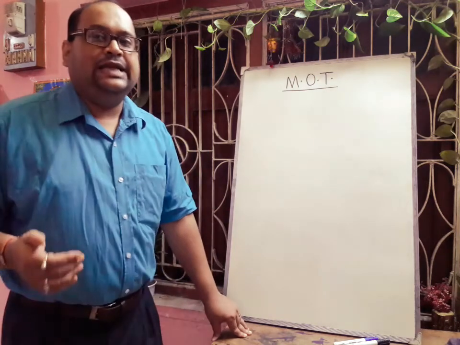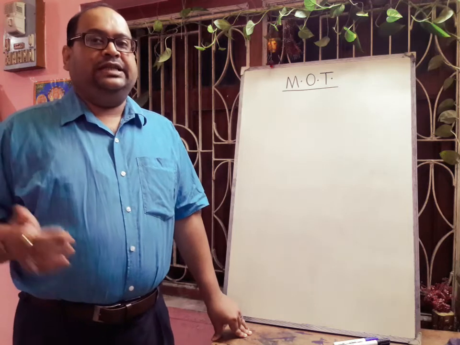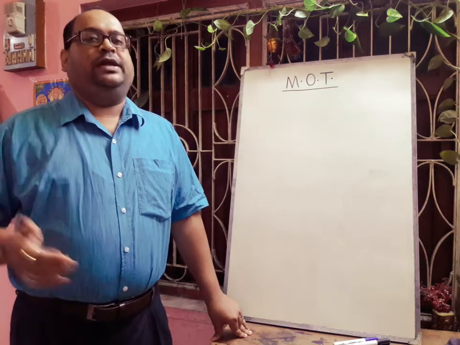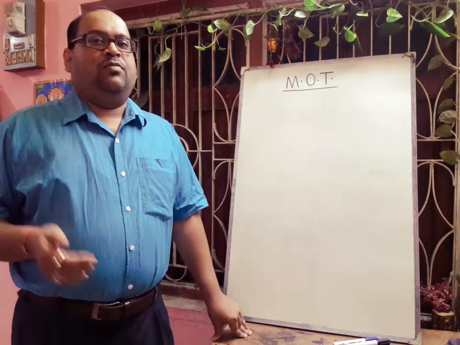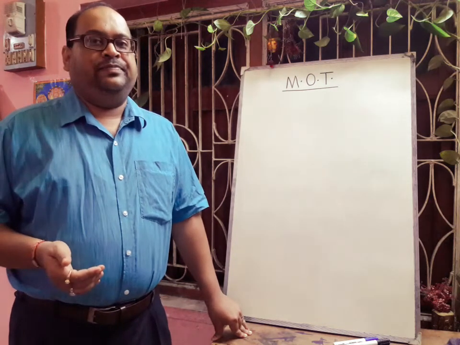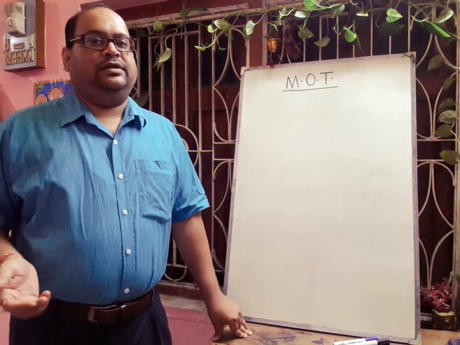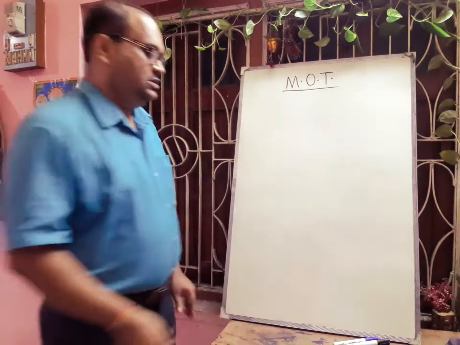The lower energy molecular orbital is stable, and this molecular orbital is called bonding molecular orbital. And the higher energy molecular orbital, that is unstable, is called anti-bonding molecular orbital. So if we draw the diagram, then you can easily understand.